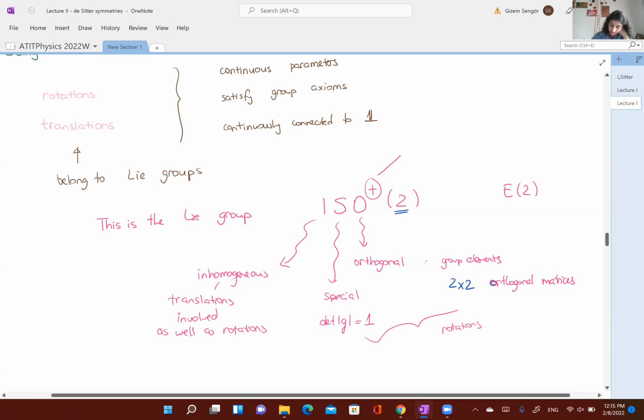This plus sign denotes that the group elements are continuously connected to the identity. So in practice for this group, it means you don't have reflections.